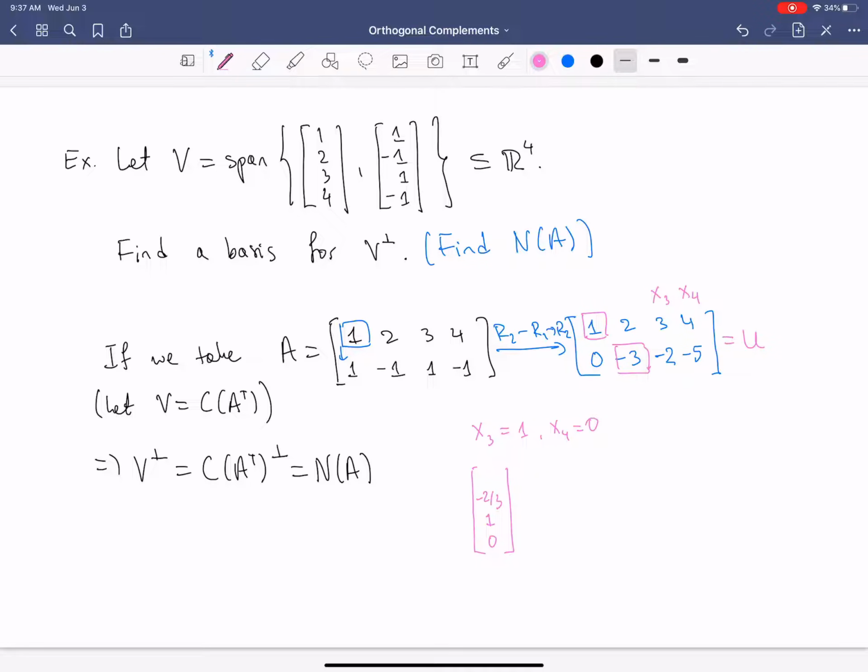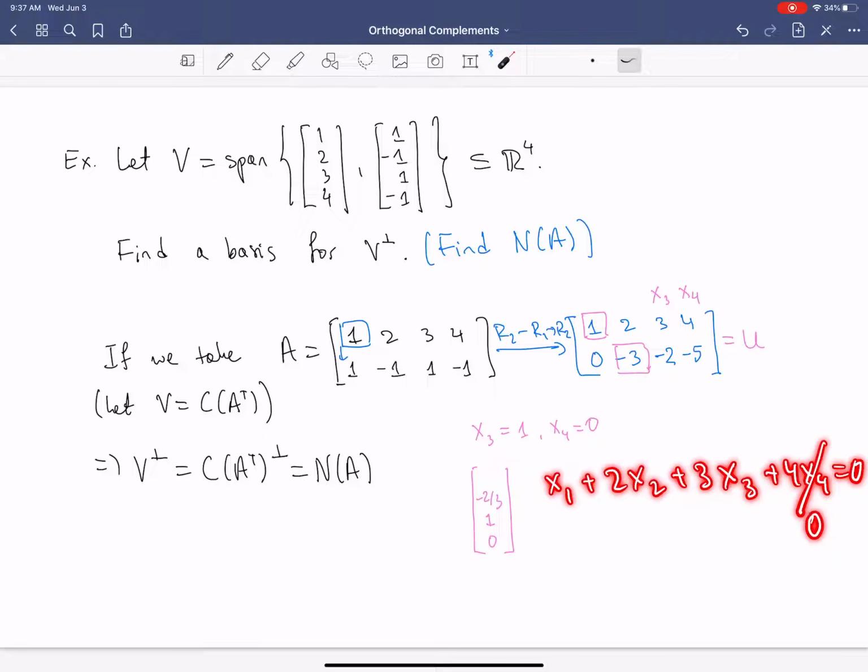And then from the first row, we need to find what x1 must be. So the first equation here represents x1 plus 2x2 plus 3x3 plus 4x4 equals 0. x4 is 0, x3 is 1, x2 is negative 2/3.